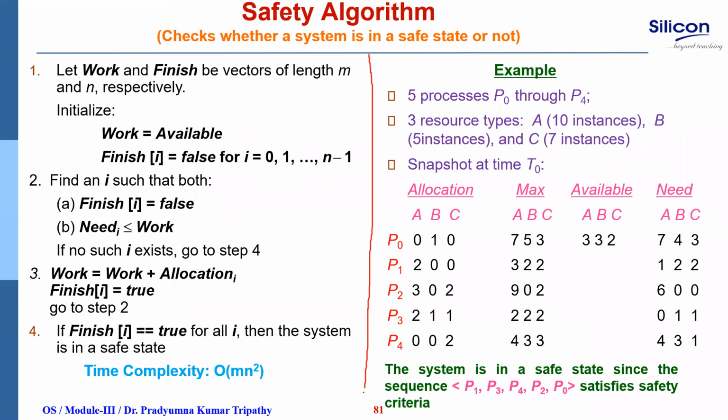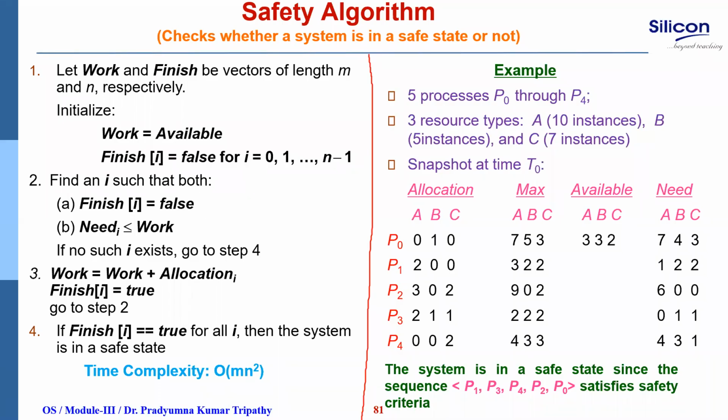Look at the right hand side. Let us suppose 5 processes are given: P0, P1, P2, P3, P4. So I have 5 processes P0 to P4.